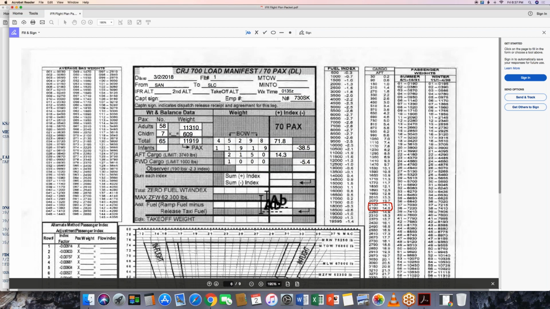Okay. So to figure out our zero fuel weight and index, we just bring down these numbers, right? So what's 71? 86 point. It's 86.1. All right. 86.1. Okay.